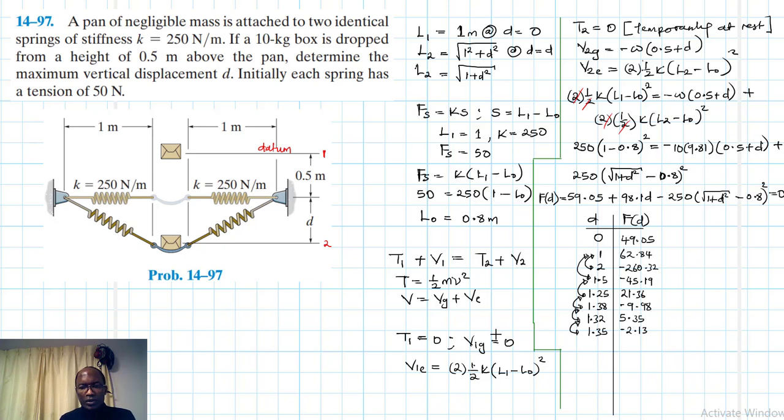We get the average of the two, 1.35 plus 1.32. This we get 1.34.